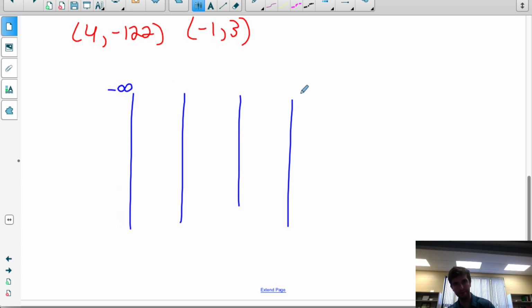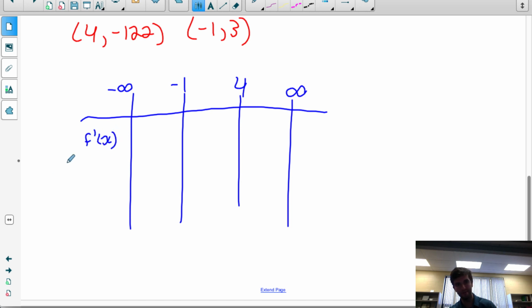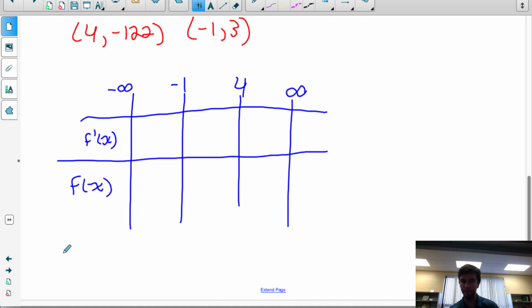So I'm going to put negative infinity and infinity at either end, and then in ascending order, I'm going to list the critical numbers. Then I'm going to figure out what is the value of the derivative within each of these intervals I've created, and what does that tell me about the original function? So let's pick some test values. I'm going to pick a number between negative infinity and negative 1.